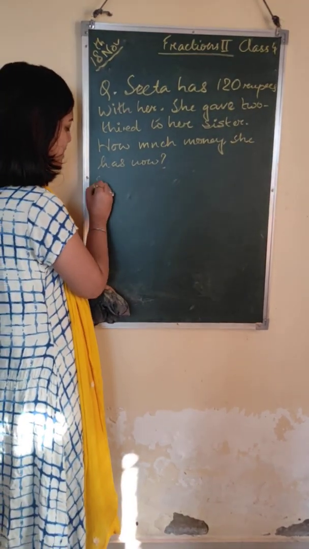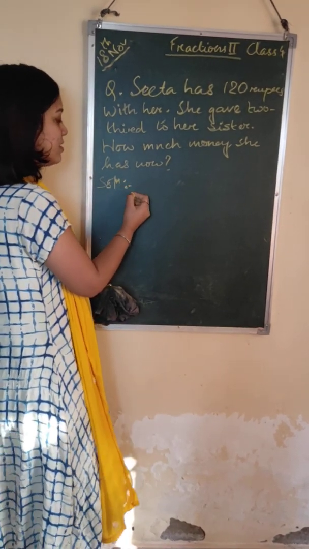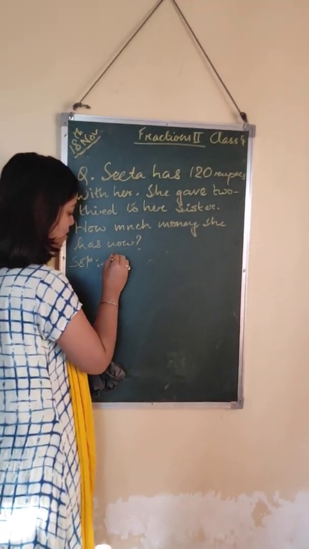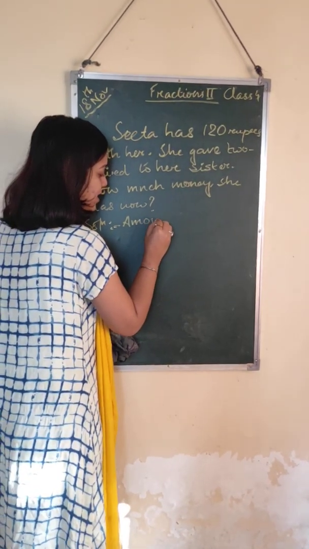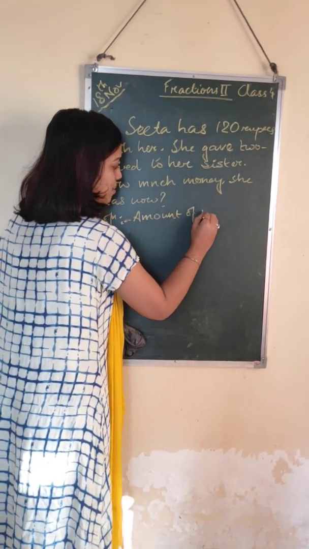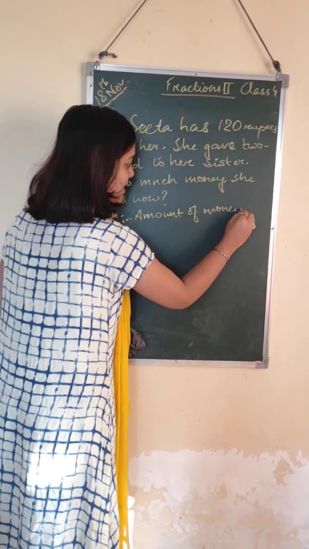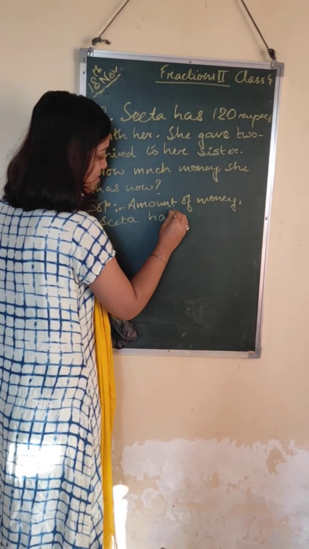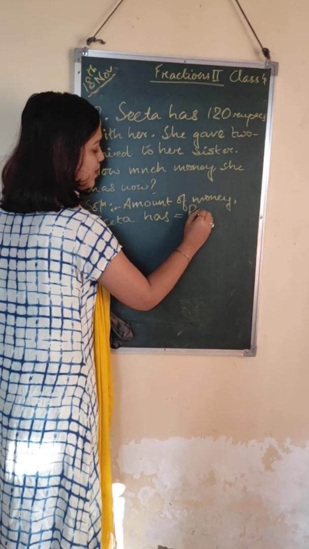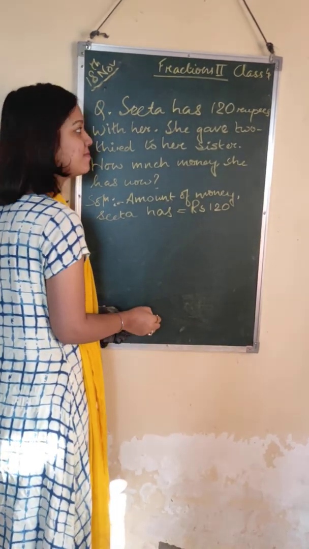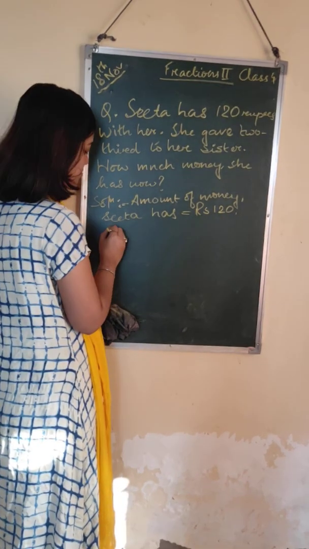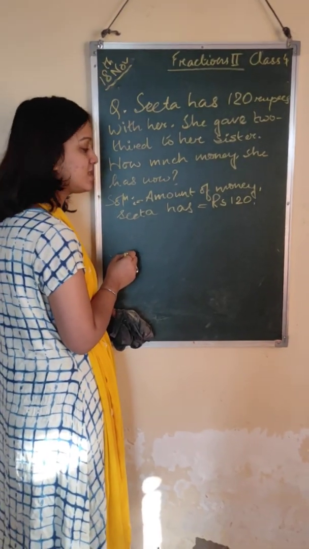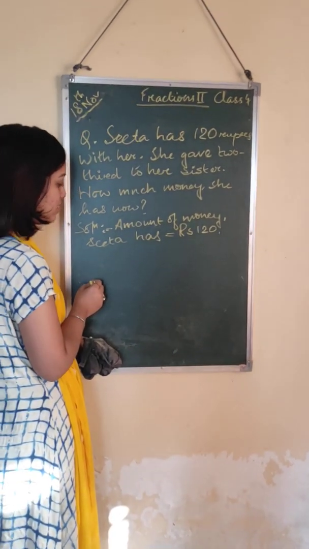Now how will we do it? This is very easy. Sita has 120 rupees with her. So amount of money Sita has equals rupees 120. Next, she gave 2/3 to her sister.